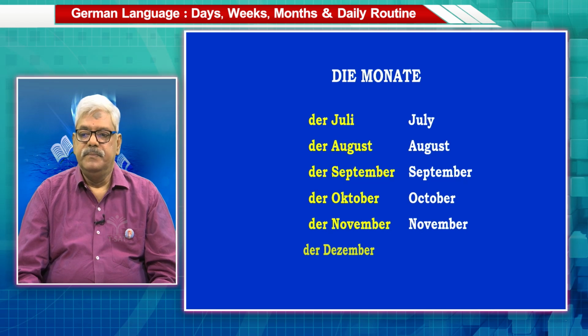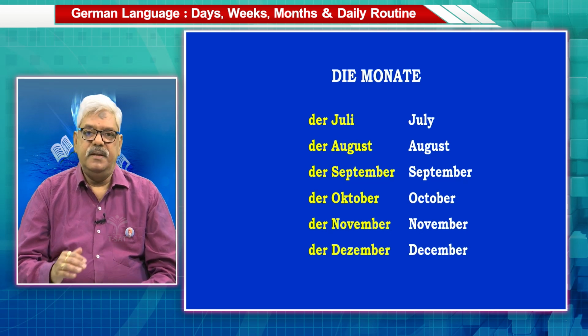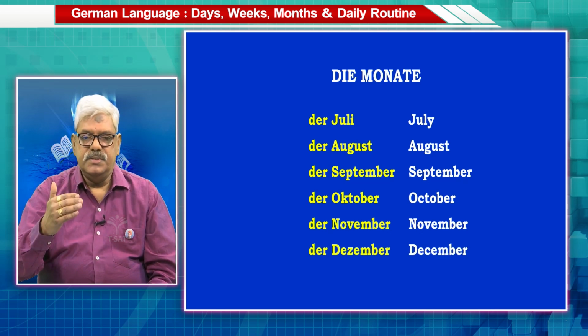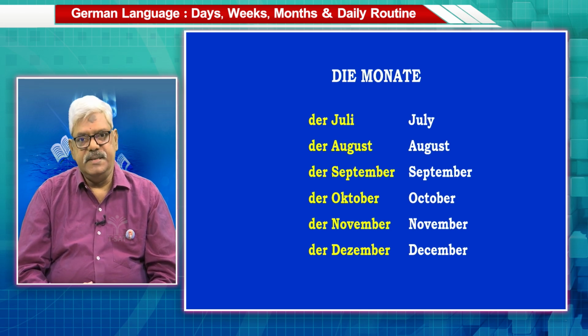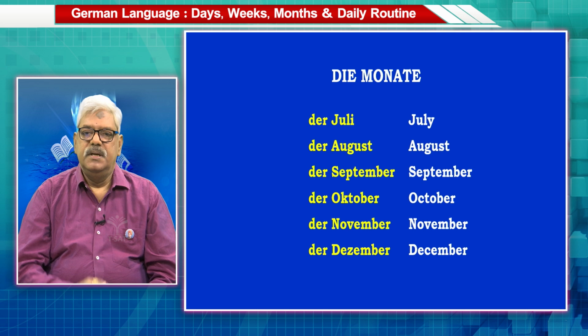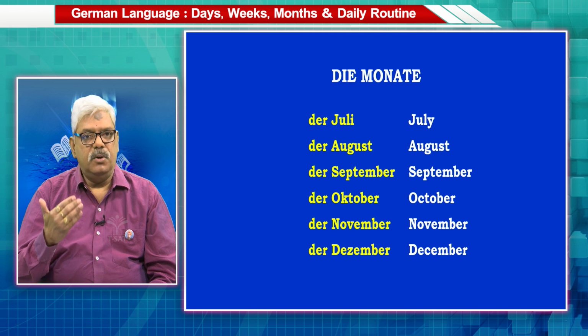Remember, the V is generally pronounced as V, that's why der November, that is November. And der Dezember, December. So once again, Juli, August, September, Oktober, November, Dezember. All the months together: Januar, Februar, März, April, Mai, Juni, Juli, August, September, Oktober, November, Dezember.